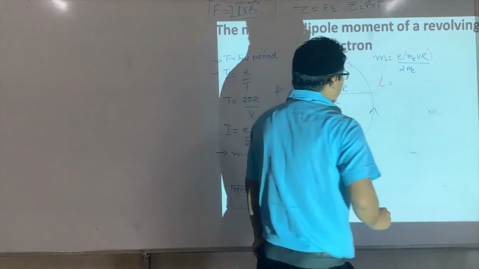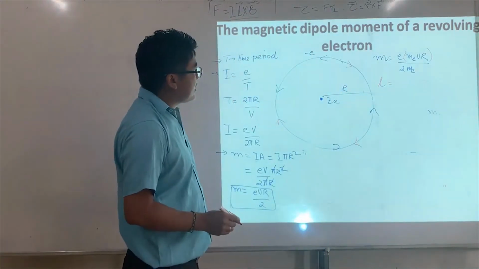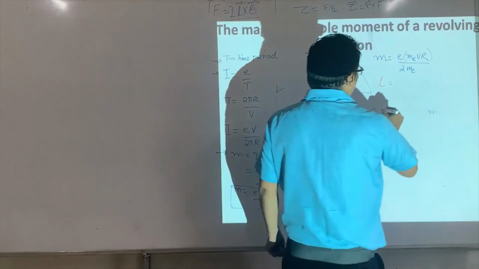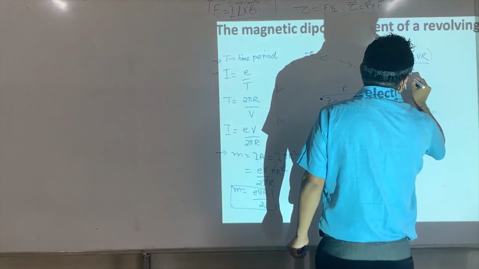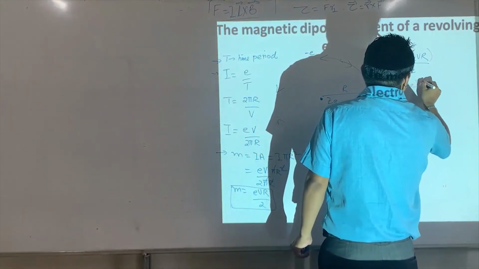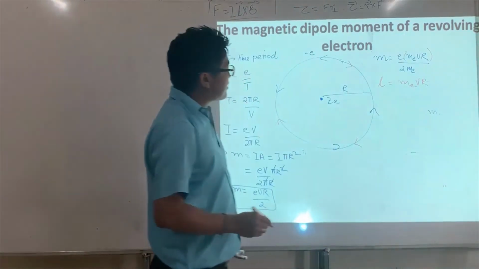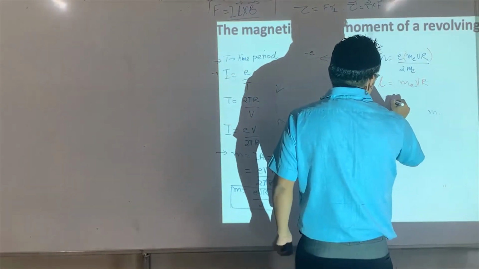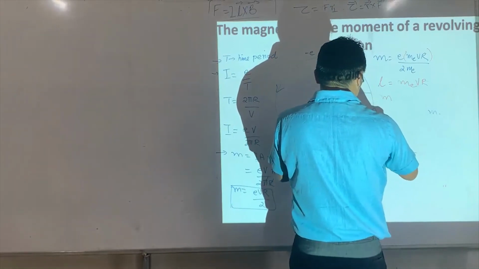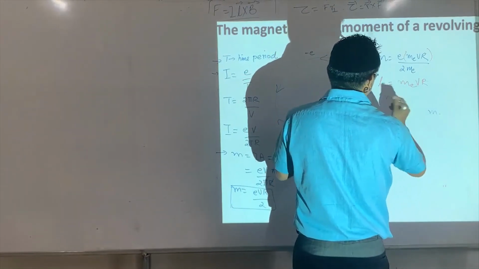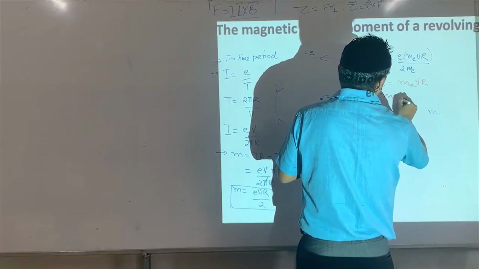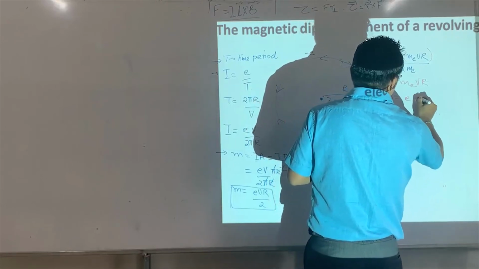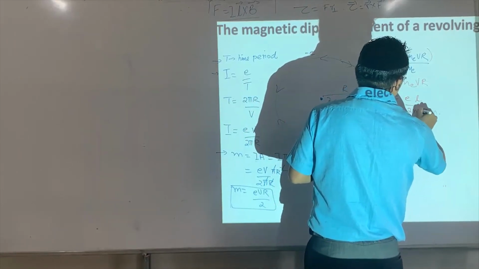So I just say L is angular momentum, which is defined in class 11, right? So therefore, the magnetic moment would be e L divided by 2 m e.